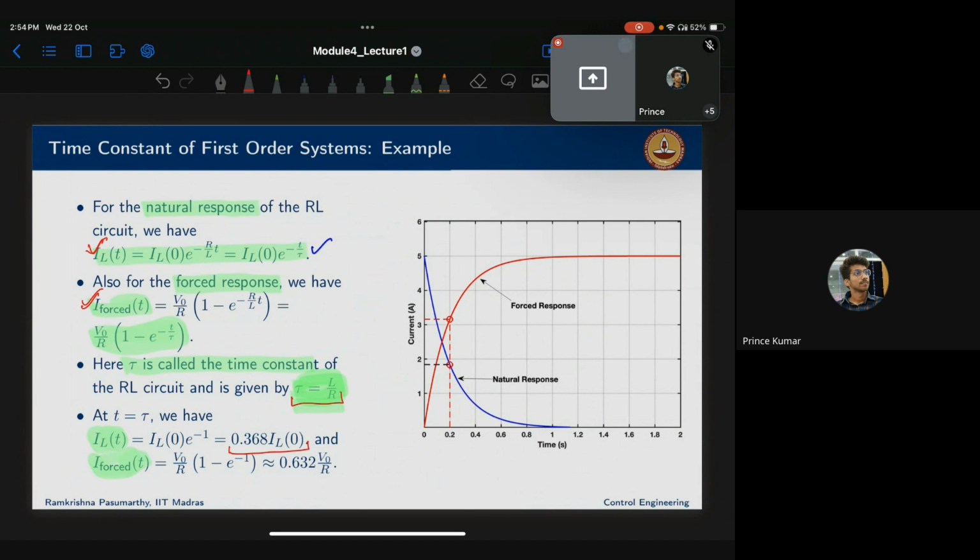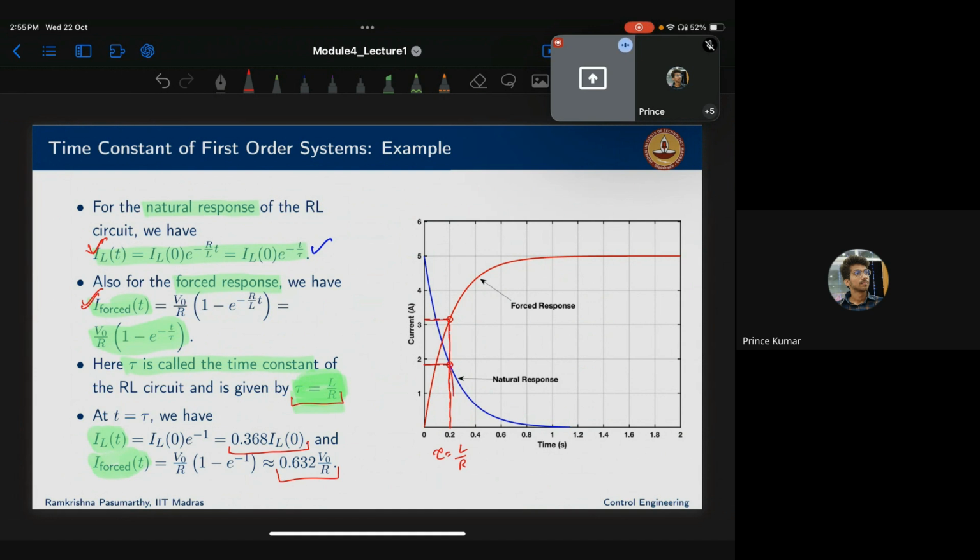That means this response at tau equal to L by R. Whereas the other one, the forced response, is 0.632.